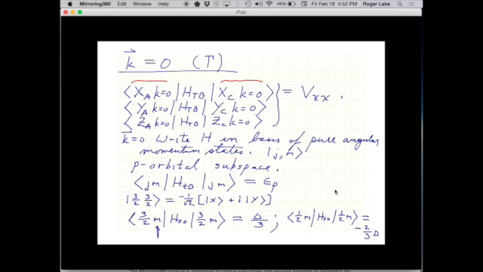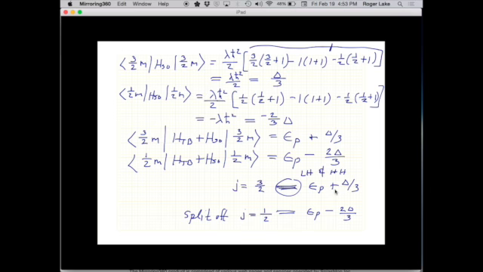And you add them all up, just like we did for the diagonal element, you get Vxx again. And so finally, in this basis, our Hamiltonian at k equals 0, it's the perfect time to wrap this up, looks like this.